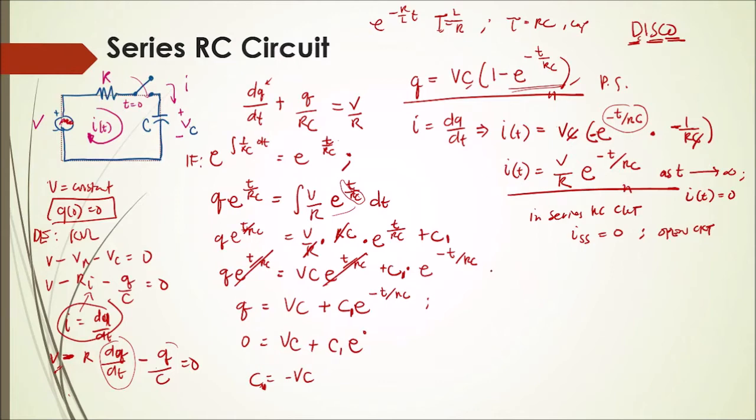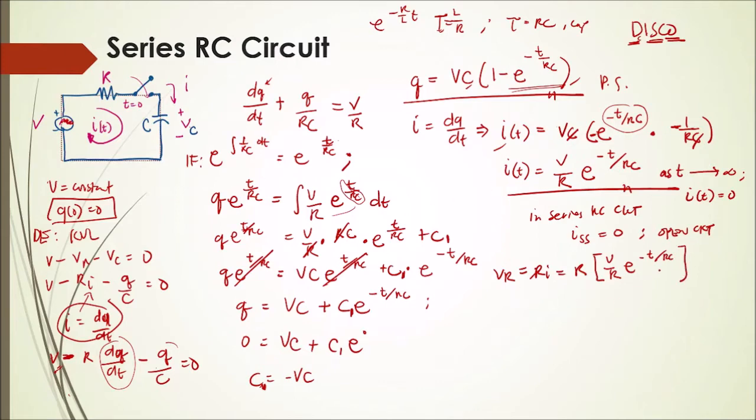So the VR is RI, diba? So the value of this times R, so is equal to R times V over R e to the negative t over RC. Dali ra. So we cannot simply just multiply, no?